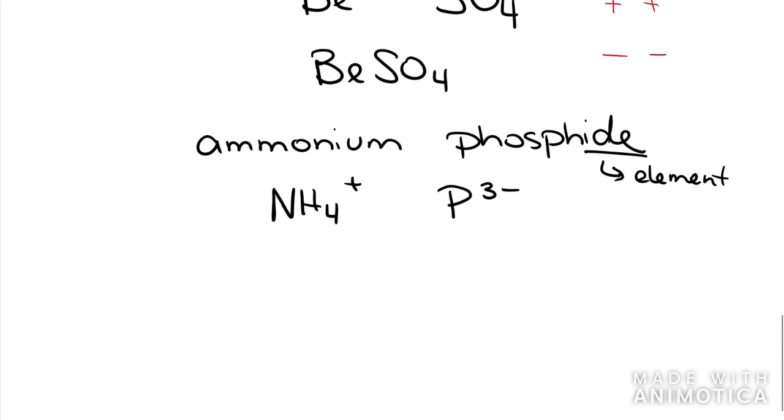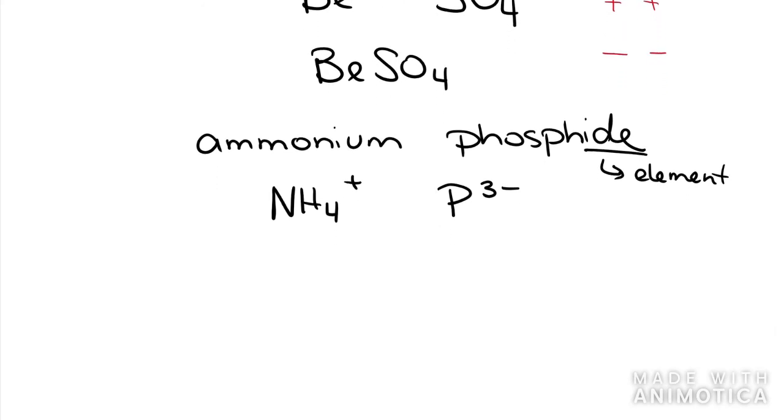So now I have 1 positive and 3 minuses. Well, how do I make my zero pair? Well, I have to take this positive and times it by how many? Well, I need 3 of them, which means I need 3 ammoniums. Okay, now this is looking more hard, isn't it? It's not that difficult. Remember, like I said, we need to have that NH4 together.